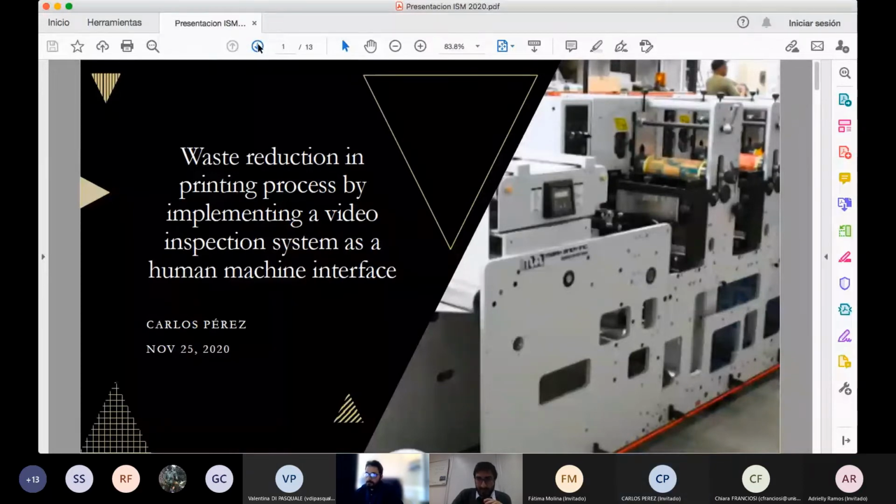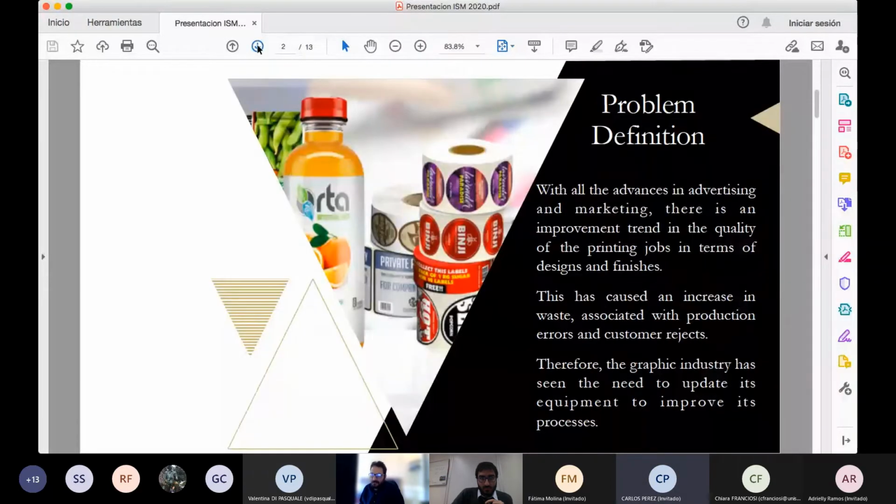Yes, Ivan Ferretti, he's missing, definitely. Okay, Carlos, the floor is yours. You can see the first slide, right? Yeah. I am in the second.